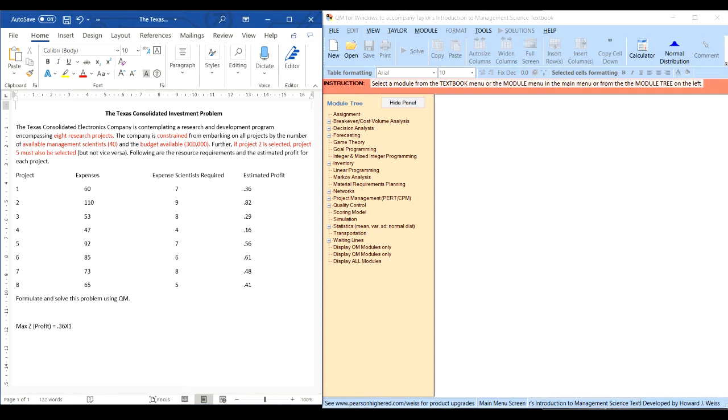And this means if x1 is 1, we receive 0.36 profit. If x1 is 0, multiplying 0.36 by 0, we receive 0 profit. So if that project is chosen, if it's a 1, then we receive that profit.